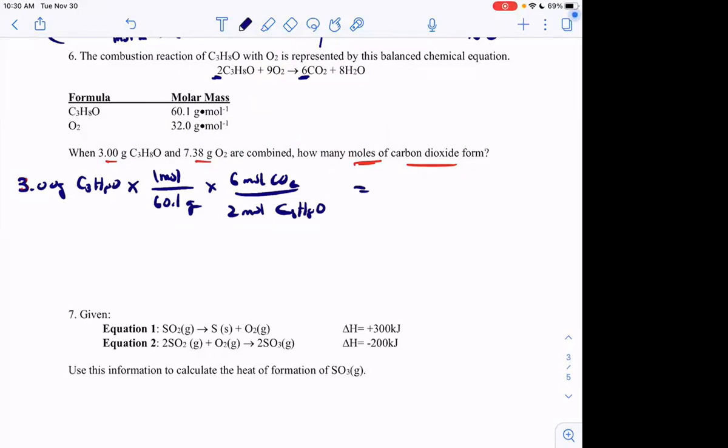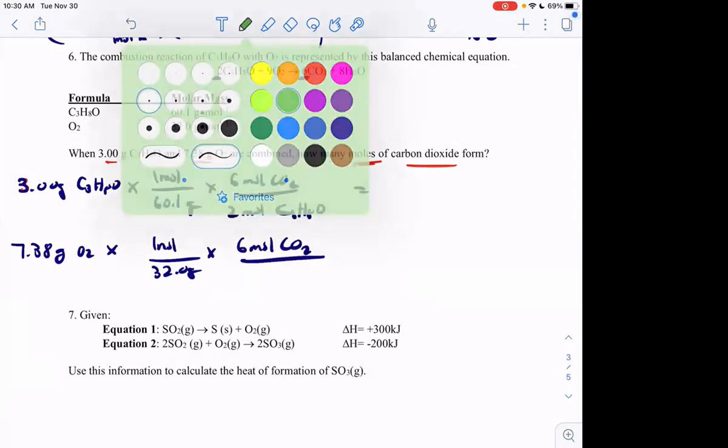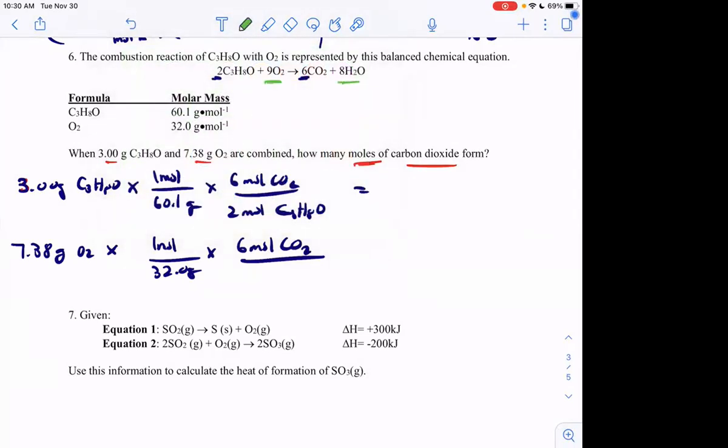And then I do the same thing for oxygen. 7.38 grams of O2 times, of course, 32 grams in 1 mole. Same numerator, 6 moles of CO2, different denominator, because I'm now comparing these two, right? So it's going to be 9 moles of O2 over here.